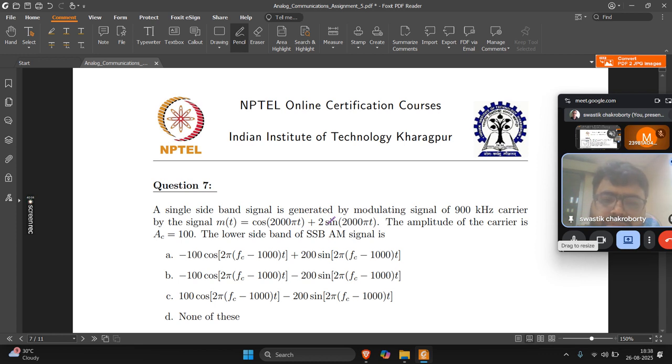The amplitude of the carrier is 100. So the message signal is given as a sum of a cos and a sine, and the amplitude of the carrier is 100. So find the lower sideband of the SSB-SC.